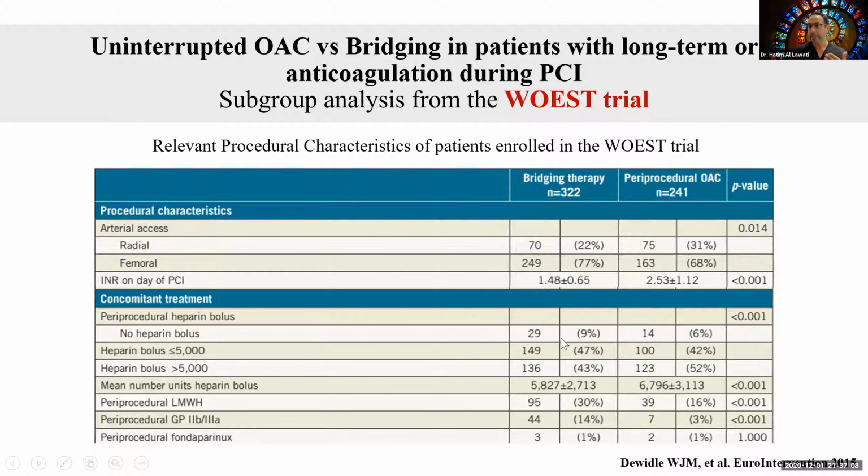The management of anticoagulation intra-procedure was left to the discretion of the operator. So very few patients received no additional anticoagulation. Almost everybody received extra anticoagulation during the procedure. About half of the patients received more than 5,000 units and half received under 5,000 units.